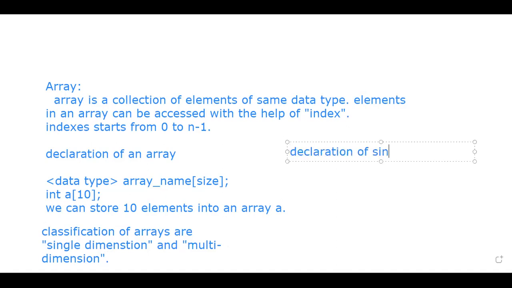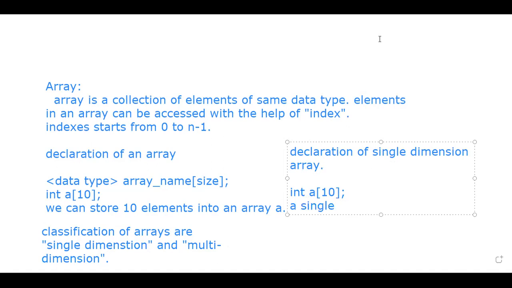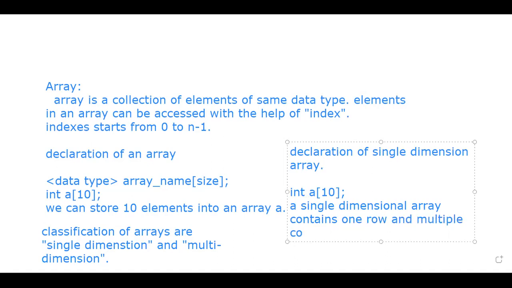If you say int a of 10, we call this a single dimensional array. A single dimensional array contains one row and multiple columns.